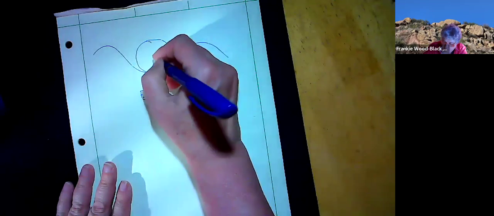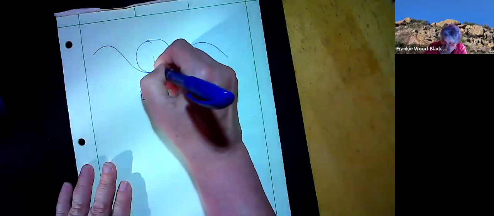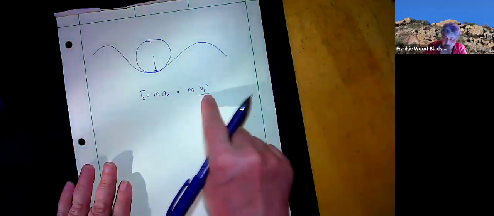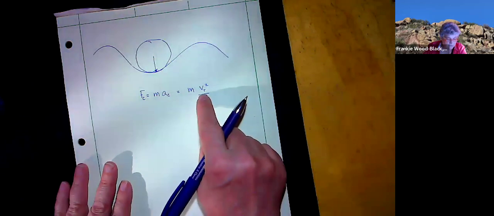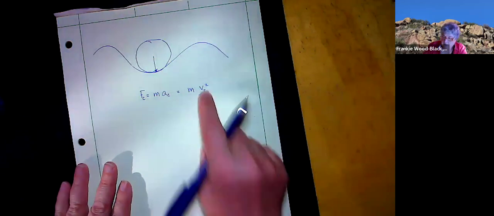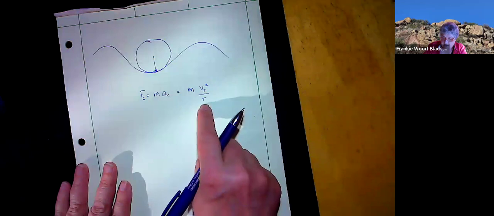So if I'm looking for the force that's happening on someone that's moving in a circle here, I want to make sure that I'm figuring out what my tangential velocity is and my radius so that I can calculate that.